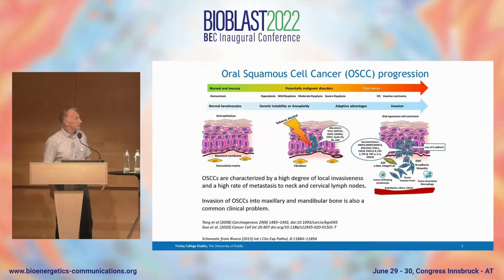These cancers are also quite metastatic. All squamous cancers are characterized by a high degree of local invasiveness and a high rate of metastases to the neck and cervical lymph nodes. Invasion of oral squamous cancer cells into maxillary and mandibular bones is also a common problem.